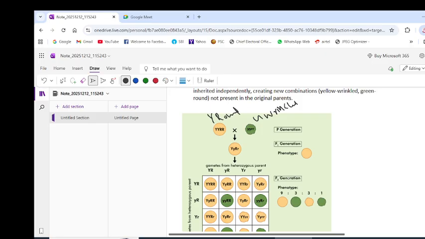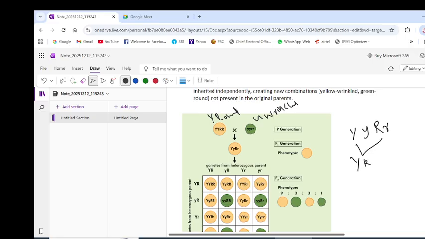So he did a cross pollination between the F1 generation. So what happens normally? This is the F1 generation. So what are the possibilities of gametes here?